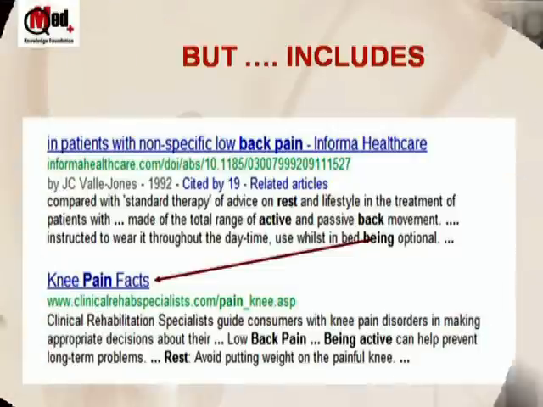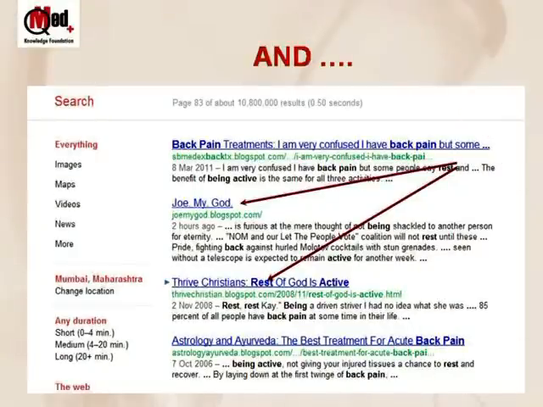A huge number of results. The first few that you see seem to be extremely relevant, sure they are, and they also are from good resources, which is very important because anyone can put up information on the web. But go to a few more pages, what do you get? Knee pain facts. You could also get things like this, and you could get really lost. You browse, and you're not sure where you are.